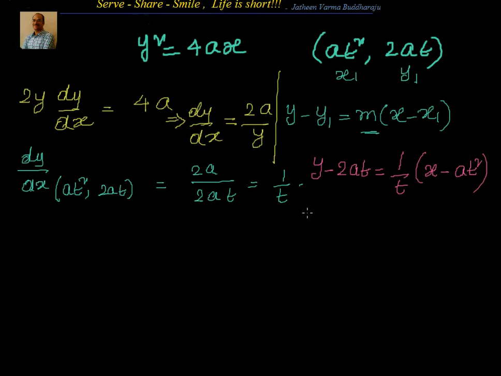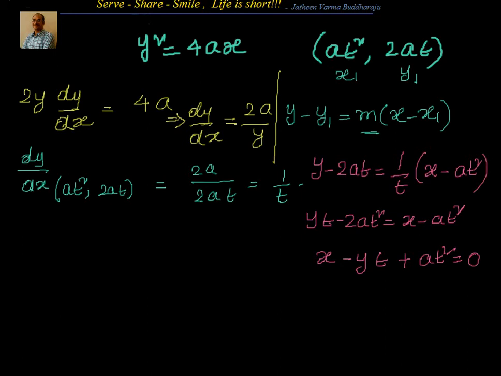So if we simplify, we will have yt minus 2at square is equal to x minus at square. Or if we put it in the standard form ax plus by plus c, I will have x minus yt plus at square is equal to 0. So that is the equation of the tangent.